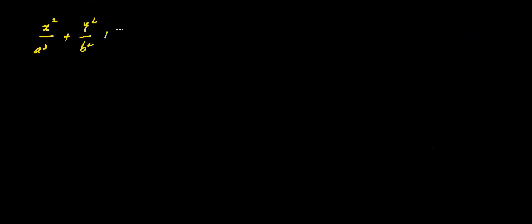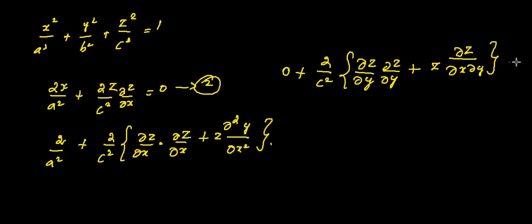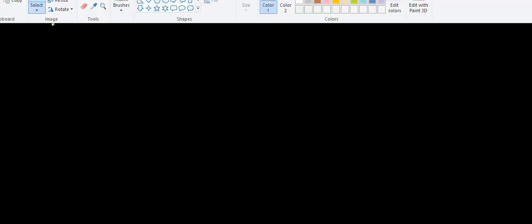x square by a square plus y square by b square plus z square by c square is equal to 1.